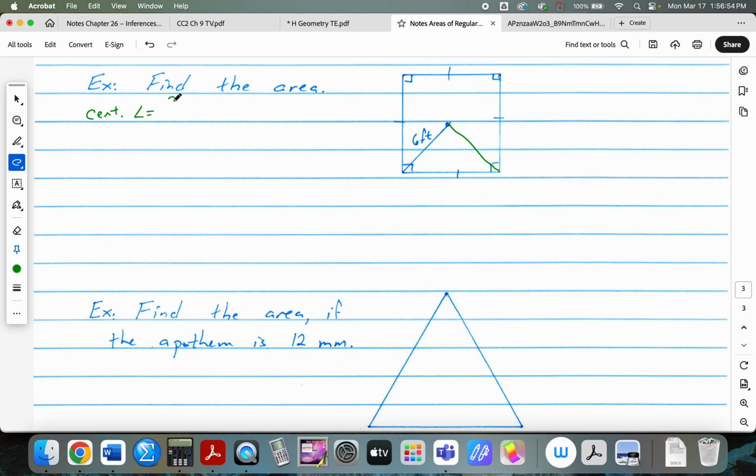The central angle is going to be 360 divided by, there are 4 central angles, is 90. Then I'm going to draw in the apothem, which is going to split that in half. So this is a 45, 45, 90 triangle.